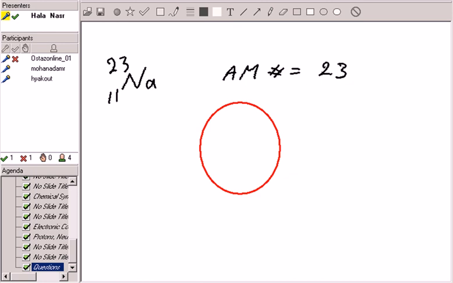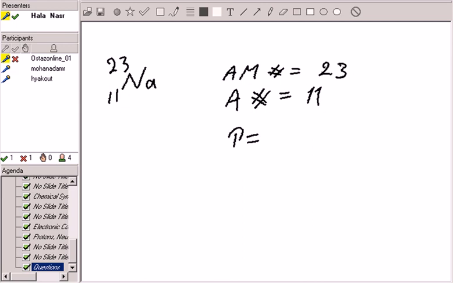Okay, I just need to delete what you've done in here. No, I've removed it. Fine, thank you. Now, what's the atomic number? 11. Very good, the smaller number. And what's the number of protons? 11.